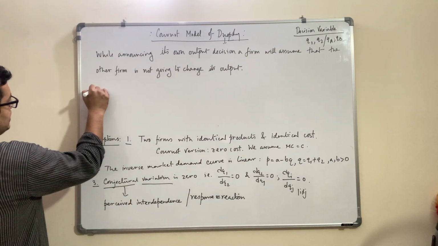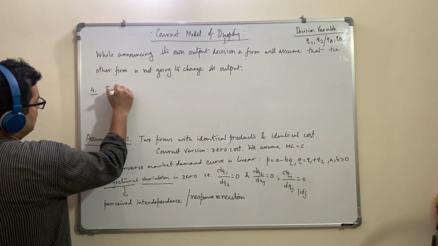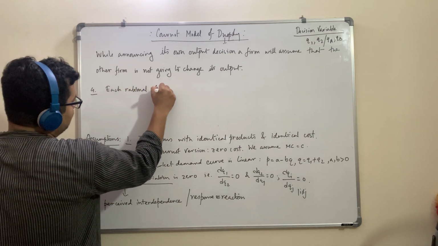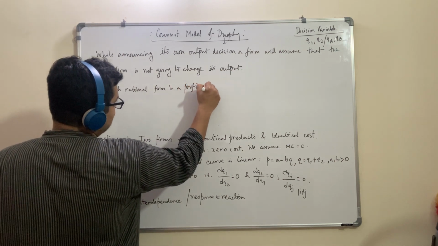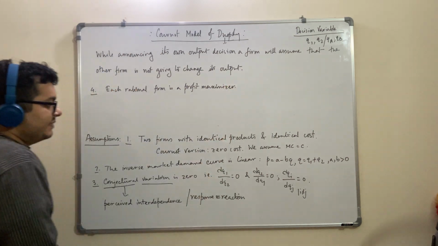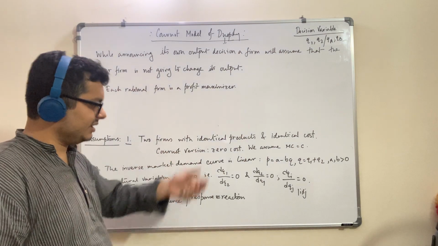Last assumption, which is the necessary assumption, is that each rational firm is a profit maximizer. So typically speaking, the problem of each firm is to maximize profit against the quantity.